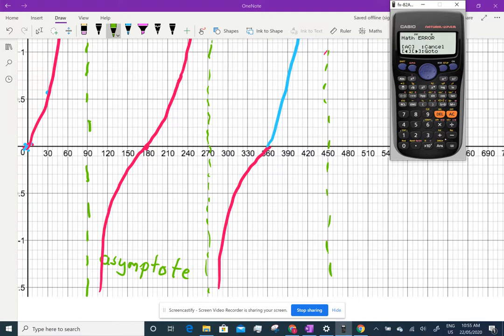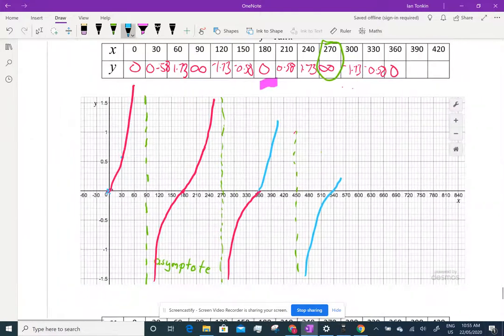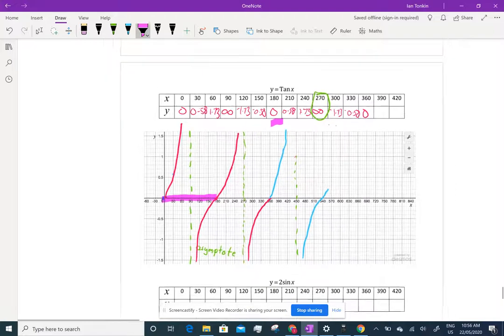And then it's going to hit 0 again at 180, so 540. Let's just double check that. Tan 540, 0. Beautiful. So again, it'll just keep going. So there's our function, but this time this function repeats every 180. See that bit? Those two bits, and then I get them again, again. So again, it's still a periodic function, but it's repeating every 180.